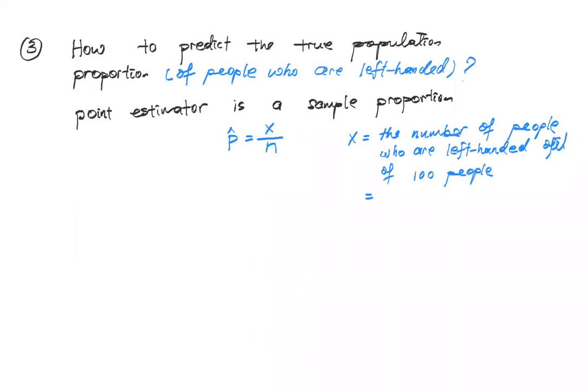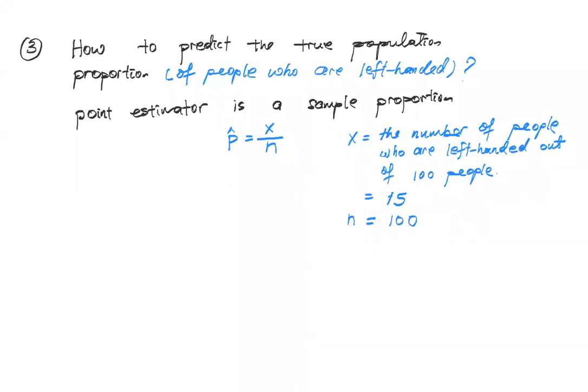That is called your X. So in this case, it is 15. The number of people who are left-handed out of, so in this case, it's 15, and our N is equal to 100.